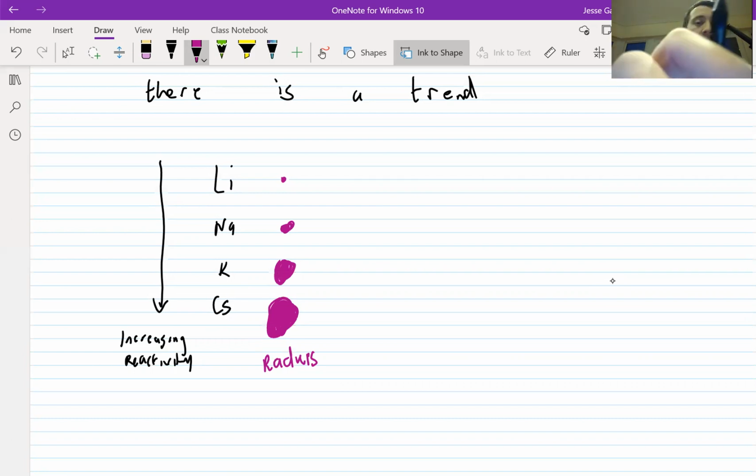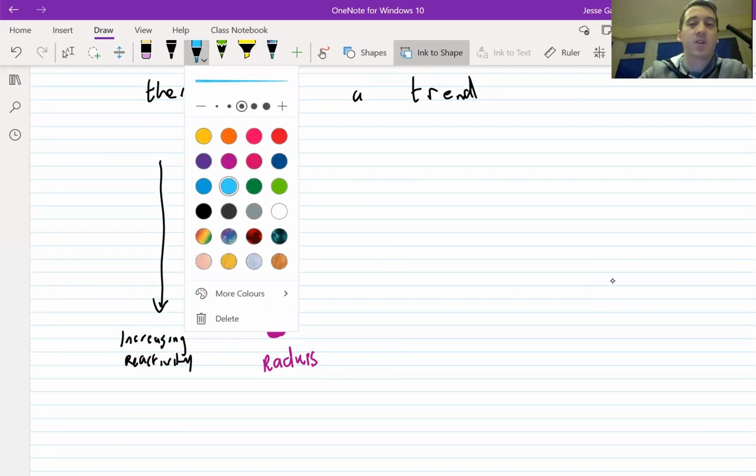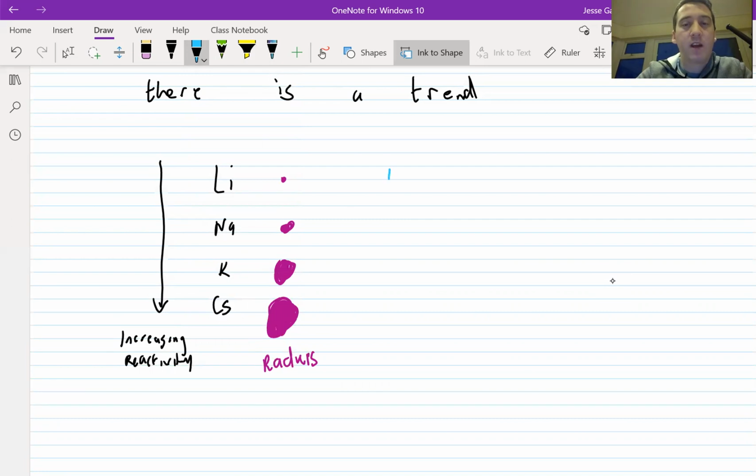Now, we've also learned a second trend: as we move down the group, we add shells of electrons. Lithium has 2 shells, 2 in the first, 1 in the second. Sodium has 3 shells, so we've added an extra shell. Potassium has 4 shells of electrons, and cesium would have 5.